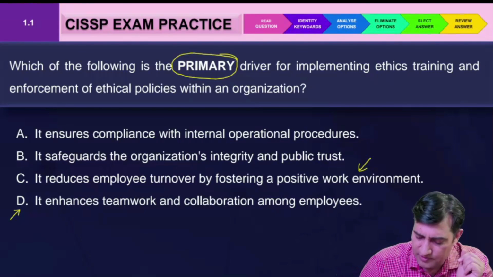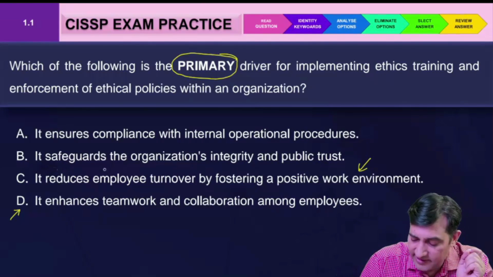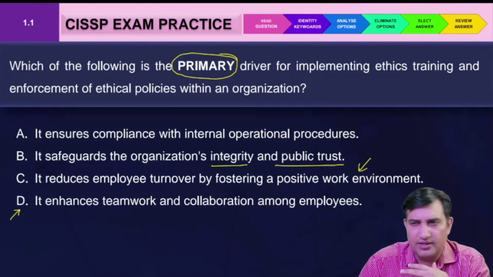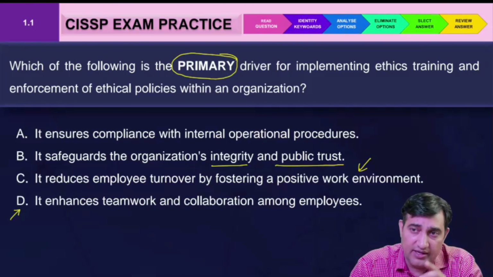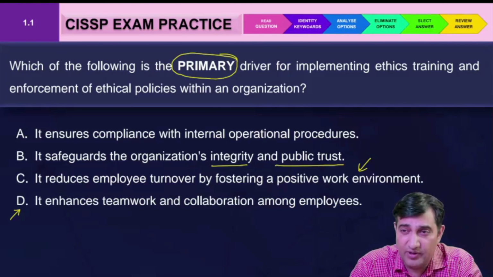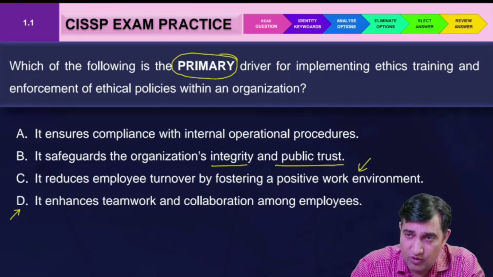Let's see option B. It says it safeguards the organization's integrity and public trust. I think that is the one to go with. If your employees are not ethical, and integrity is not there in the people, processes and technology, then obviously your public trust will also go down.